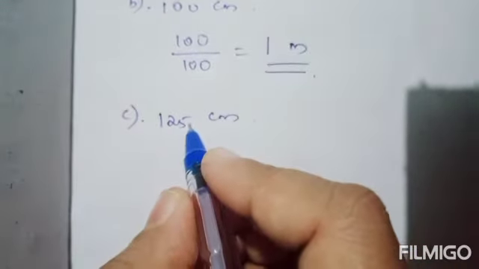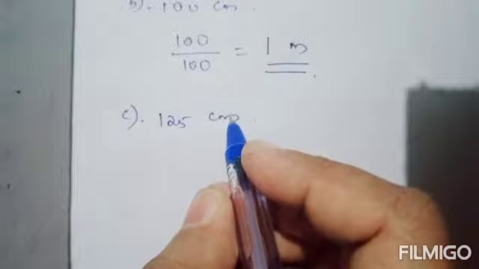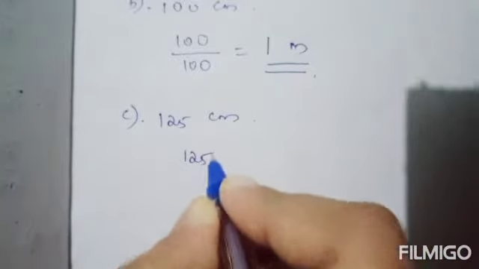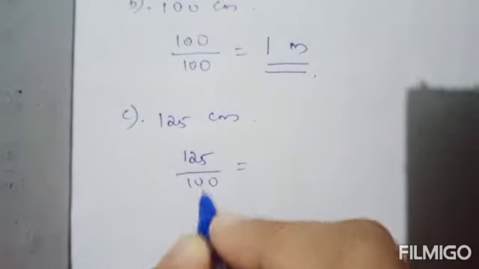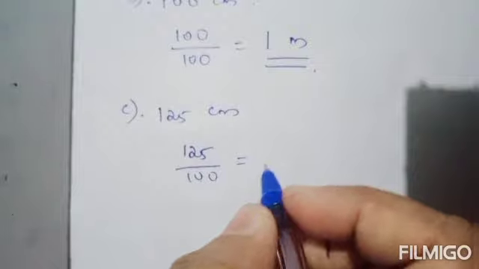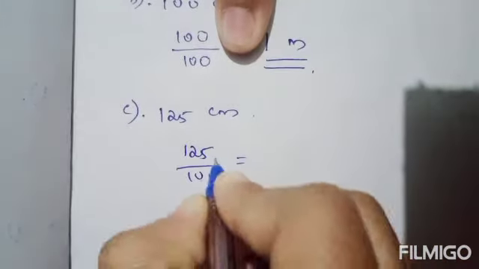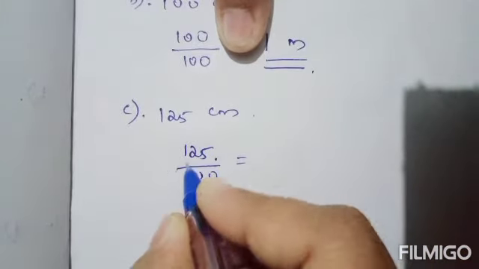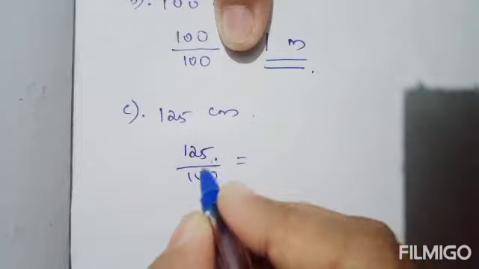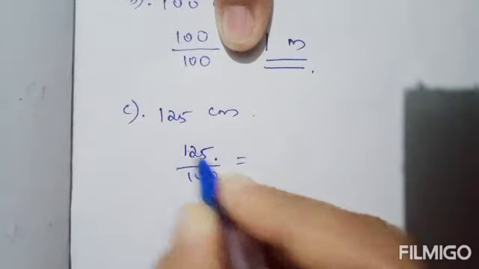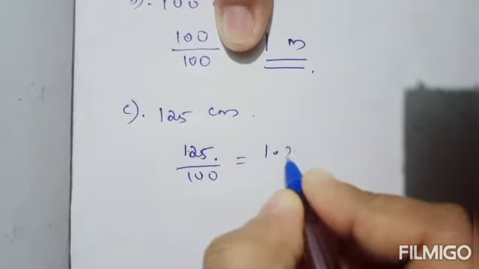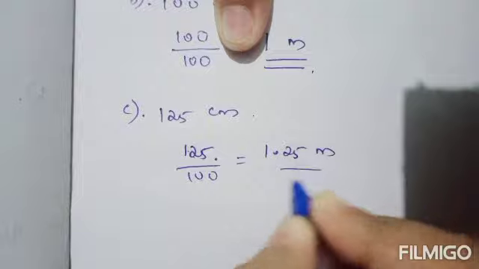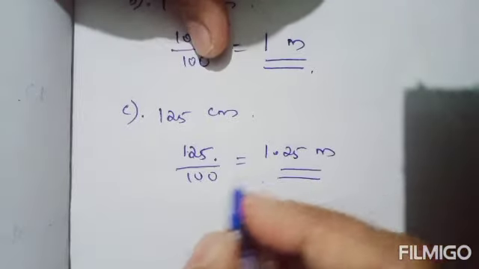In order to express centimeter in meter, just divide by 100. So 125 by 100, what will you get? The decimal point will move 2 places to the left. So this is 1, 2. Here will be the decimal point. That is 1.25 meter.